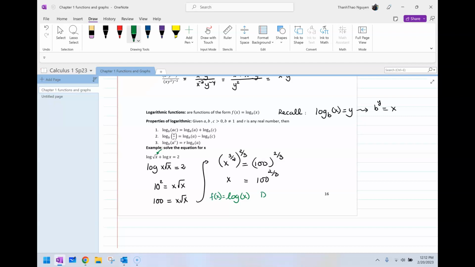This function has the domain from 0 to infinity, and the range is from negative infinity to infinity. So here the x value equals 100 to the 2/3. So this value is positive and is in the domain of the function.